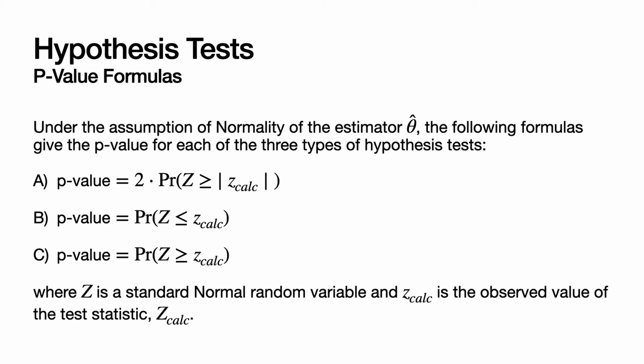For the left-tailed test, the p-value is equal to the probability that the standard normal random variable z is less than or equal to the observed value of the test statistic, which is little z calc. And then finally, for the right-tailed test, the p-value is equal to the probability that the standard normal random variable z is greater than or equal to the observed value of the test statistic, little z calc.